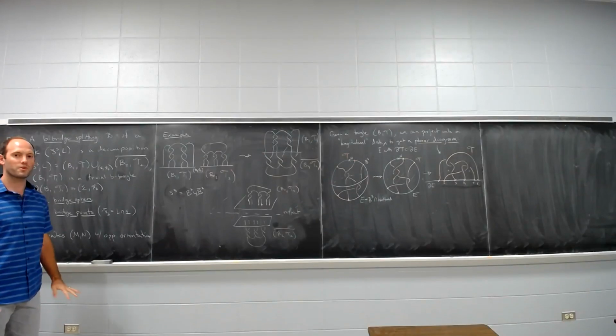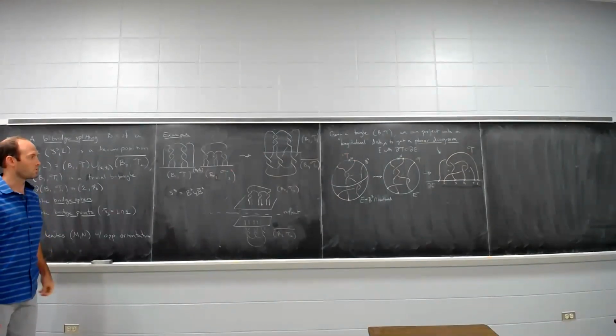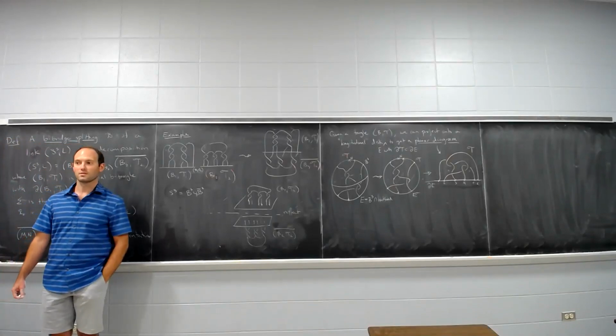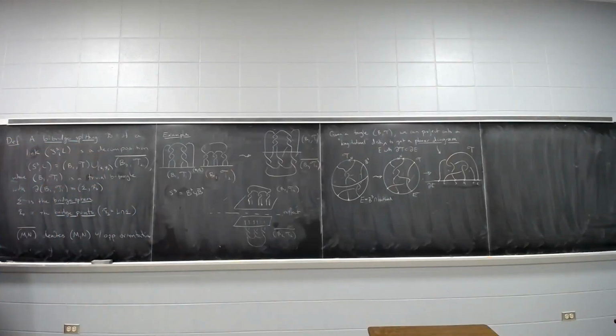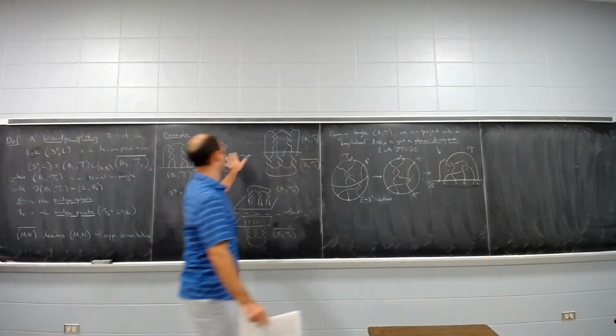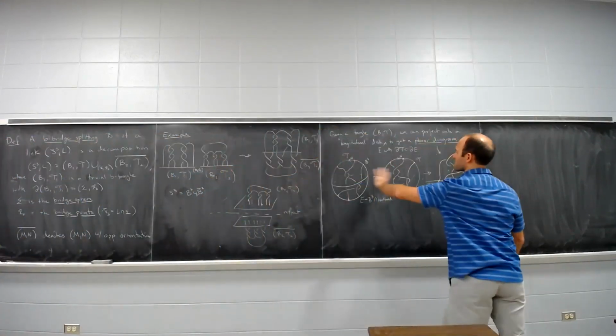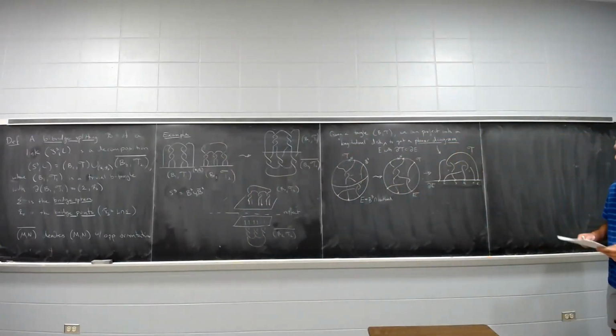Okay, so hopefully that's more or less okay. Any questions about that? All right, so this is the definition of a bridge splitting, and this is an example, and implicit in this example was a lot of conventions about how we think about these things.